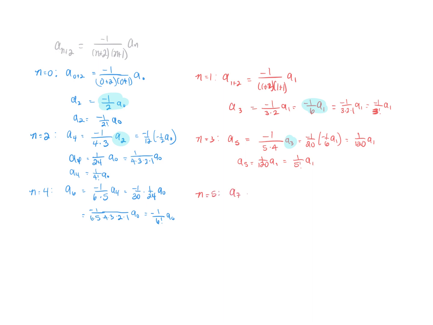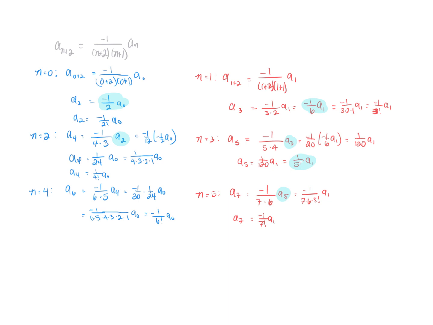We get a sub 7 is negative 1 over 5 plus 2 is 7 times 5 plus 1 is 6, a sub 5, which we already said we can now pull from here. Well, that was 1 over 5 factorial. So that's negative 1 over 7 times 6 times 5 factorial, a sub 1. Or a sub 7 is negative 1 over 7 factorial, a sub 1.